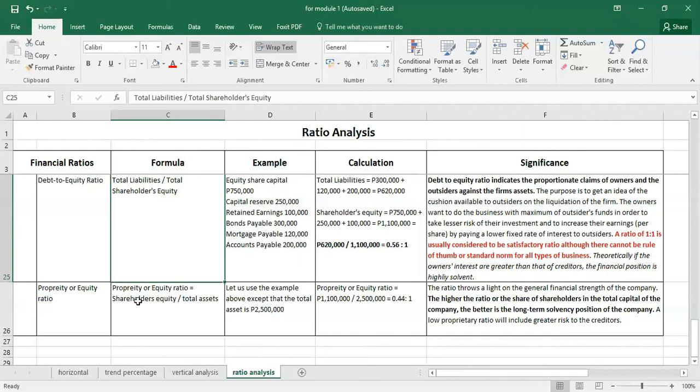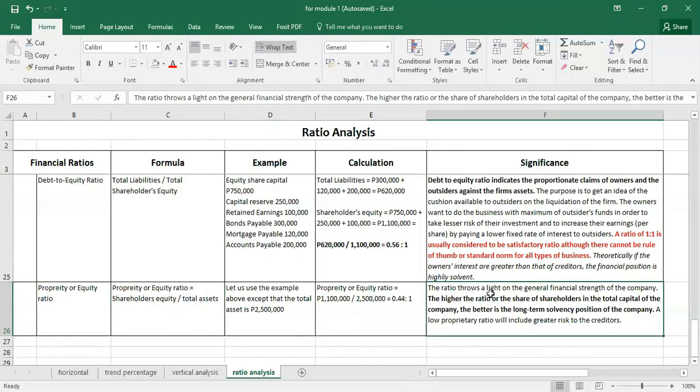It measures what percentage of our assets, since our formula for assets is assets equals liabilities plus shareholders' equity, comes from our shareholders' equity or puhunan. This ratio throws light on the general financial strength of the company. Of course, the higher the ratio of the shareholders' capital in the company, the better is the long-term solvency position of the company.